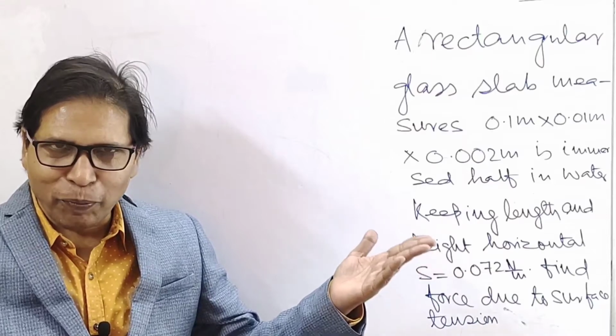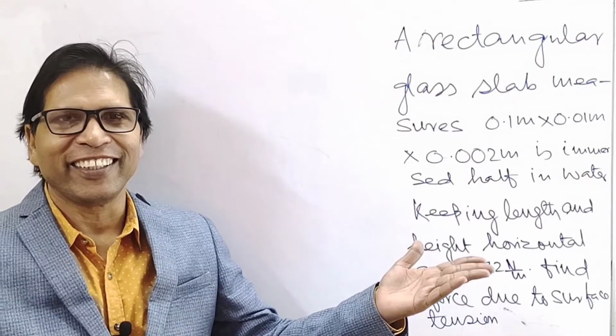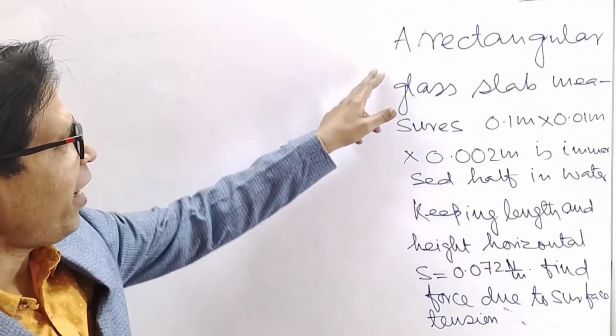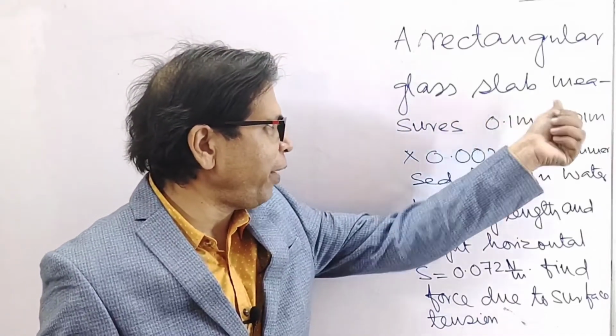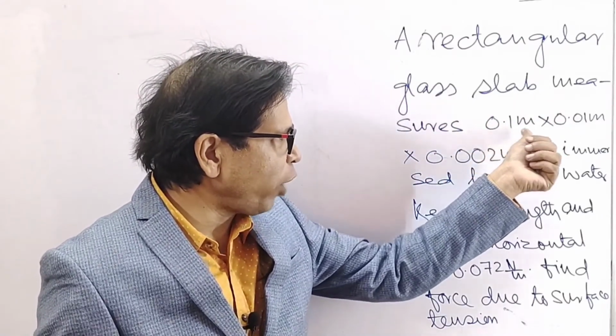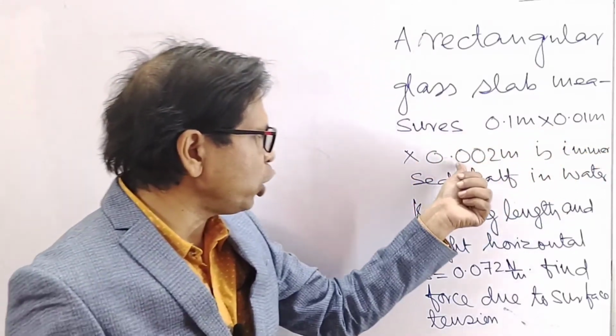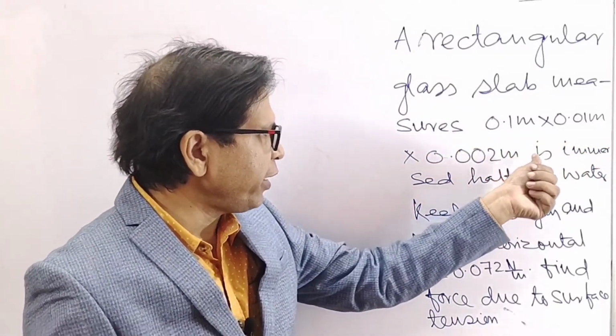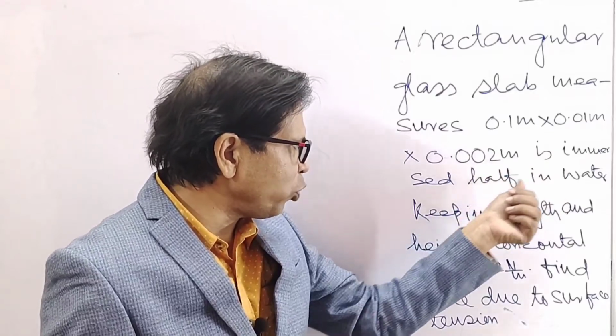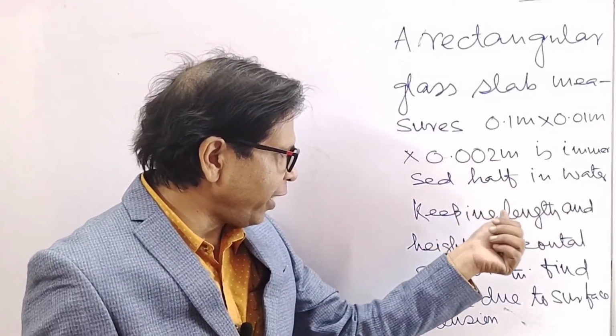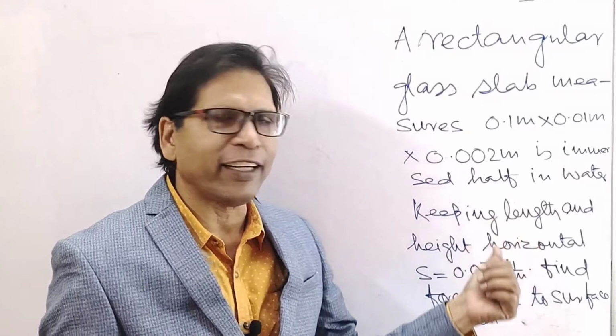A numerical of force of surface tension. Look at this. A rectangular glass slab measures 0.1 meter, 0.01 meter and 0.002 meter and is immersed half in water, keeping length and height horizontal.